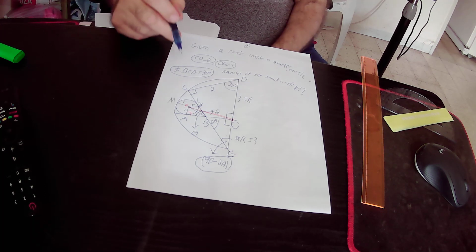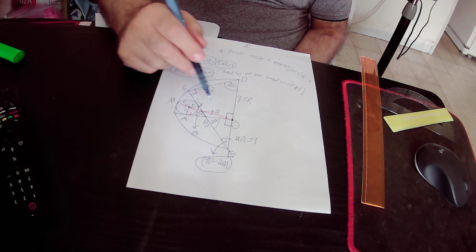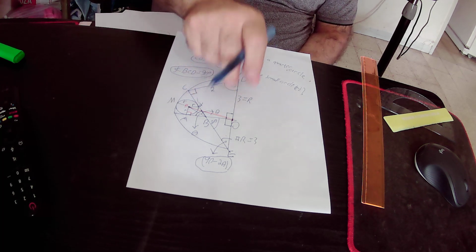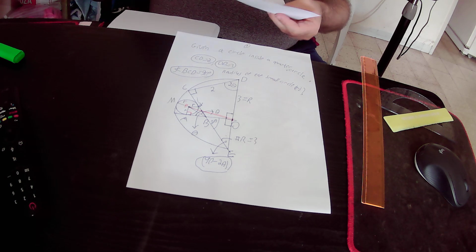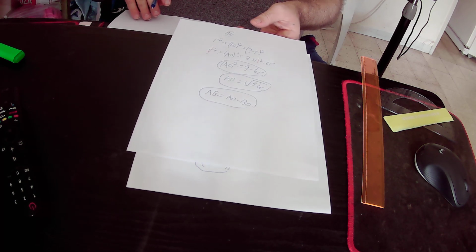You can see it from the drawing that AB equals AO minus BO.